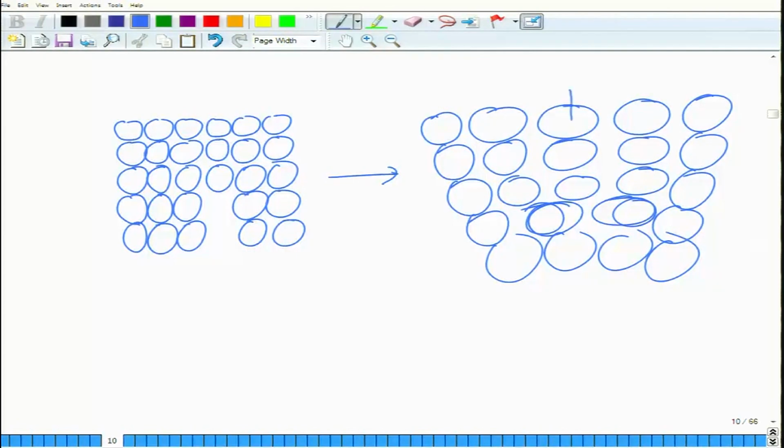So, this is an extra row of atoms. This extra row of atoms has created a strain in the lattice. This part has expanded and this part has contracted. As a result, this part will be under tension and this part will be under compression.